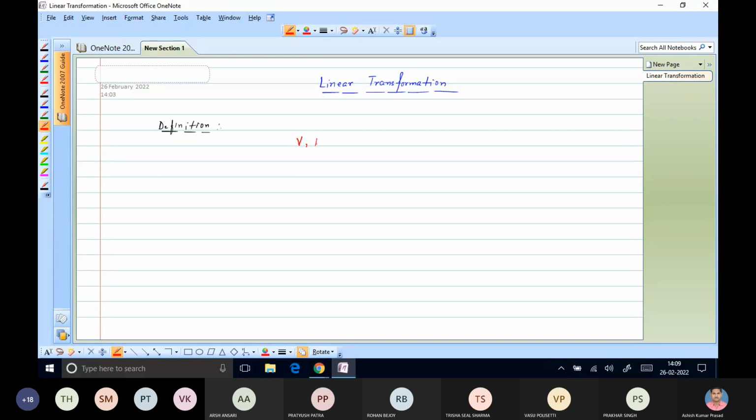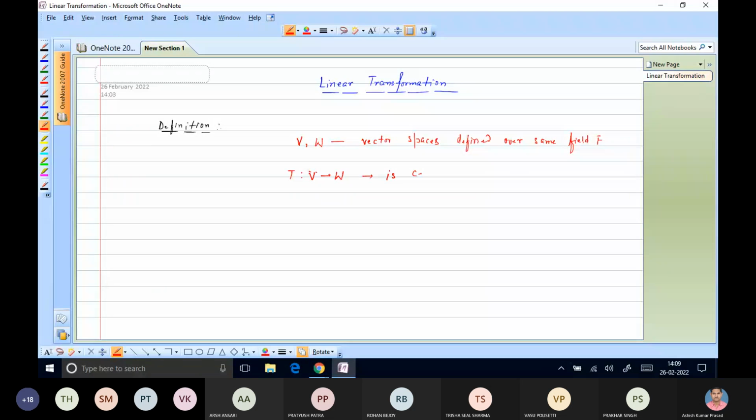Let V and W be two vector spaces defined over the same field F. So a mapping T with domain V and range W is called linear transformation if it holds the following property.